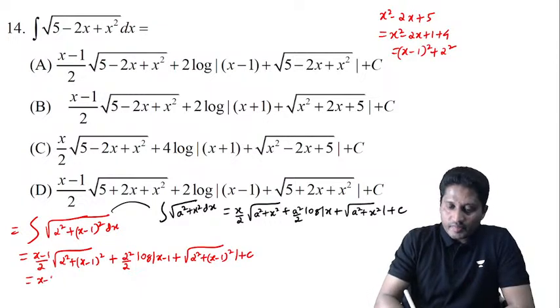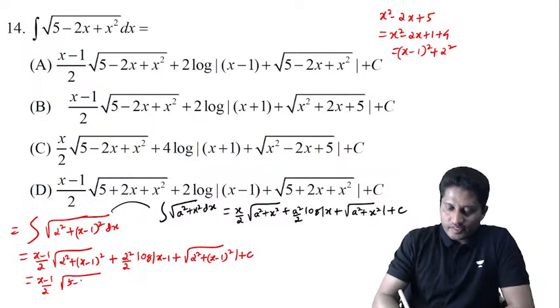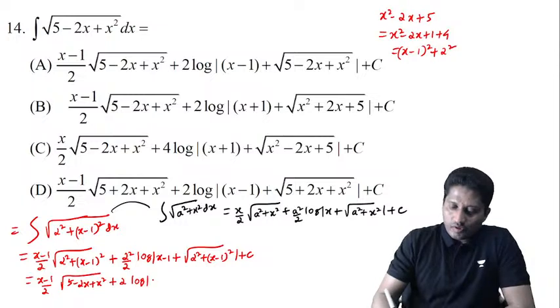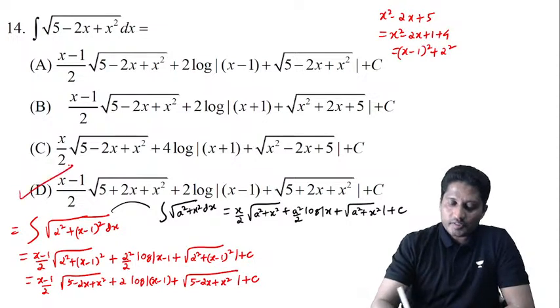This is x minus 1 by 2 into root of 5 minus 2x plus x square, plus 2 log of x minus 1 plus root of 5 minus 2x plus x square, plus c. Right, answer is option D.